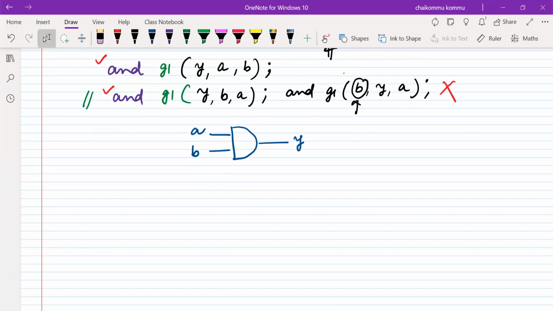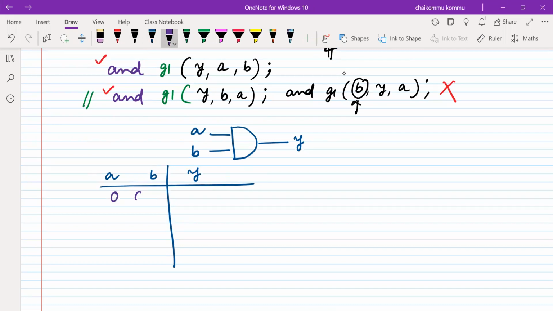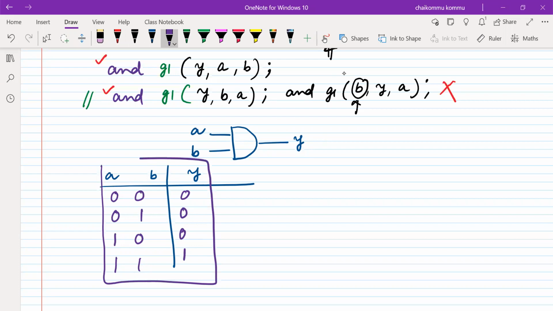We know the possible combinations for A and B. Can anybody tell what the possible combinations are? They are 00, 01, 10, 11. For those we get 0, 0, 0, 1 as the output signal. This is what we normally consider for an AND gate output. This is the AND gate truth table. But from the Verilog point of view, it's different.